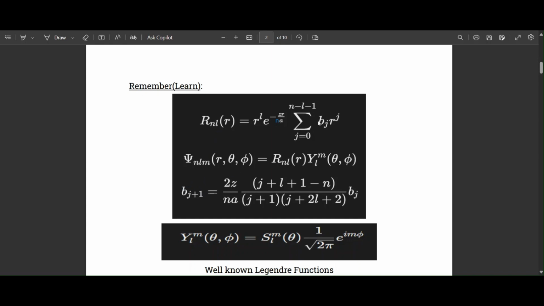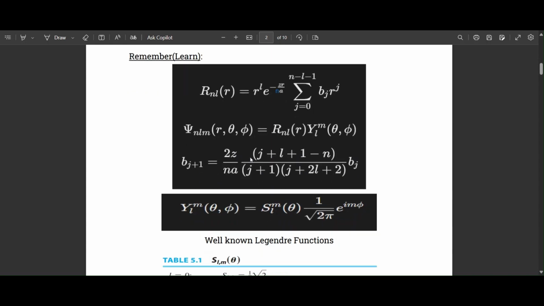Now how can this bj be calculated? This bj can be calculated by this formula: b(j+1) equals 2Z upon na, times (j plus l plus 1 minus n), divided by (j plus 1) and (j plus 2l plus 2), times bj. So this formula and this formula will help us calculate the radial part.